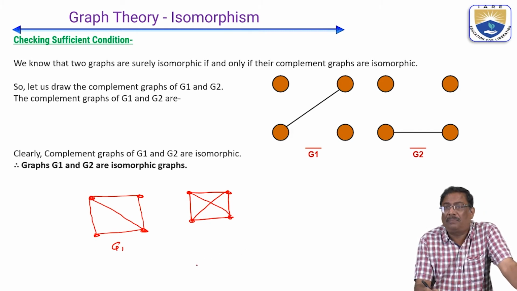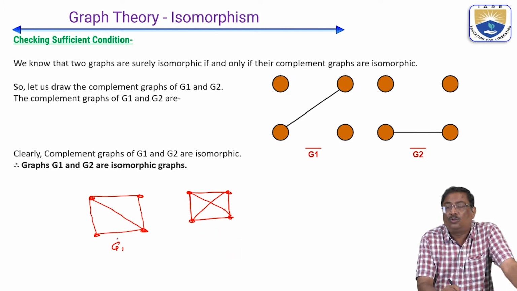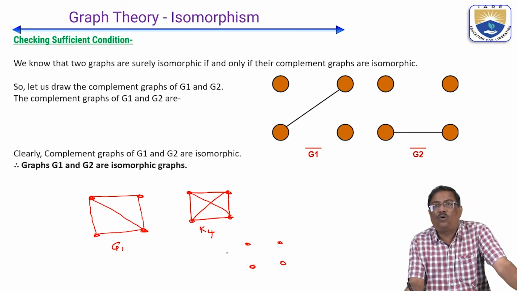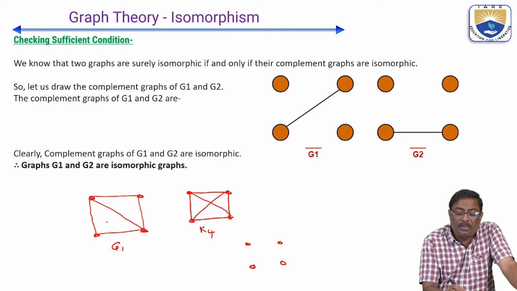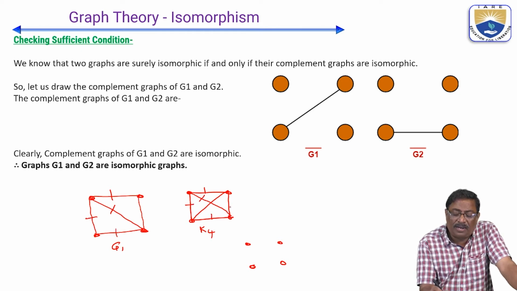So, complement means whatever edges are there in the existing graph, we remove those edges from its complete graph. This is the complete graph of 4 vertices, and I am going to consider its complement, with 4 vertices. This edge exists here. Here I am not going to consider this, and here I am not going to consider this. This edge is there, this edge is there, and this edge is there.